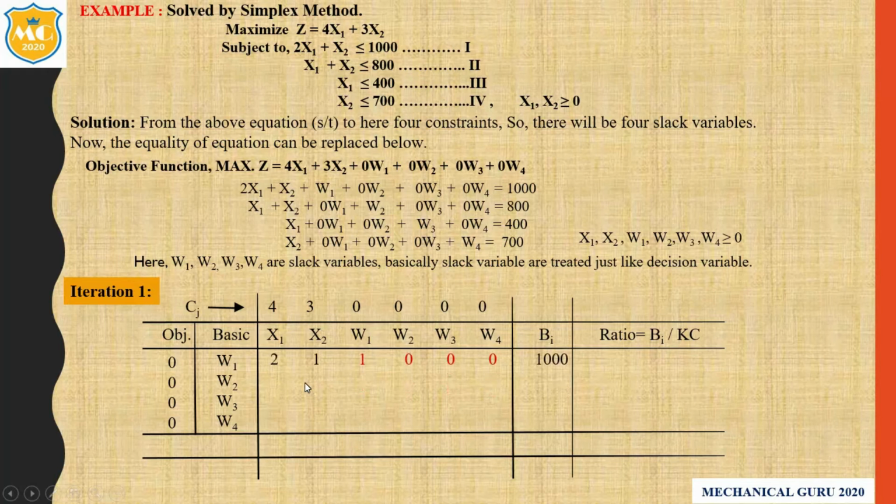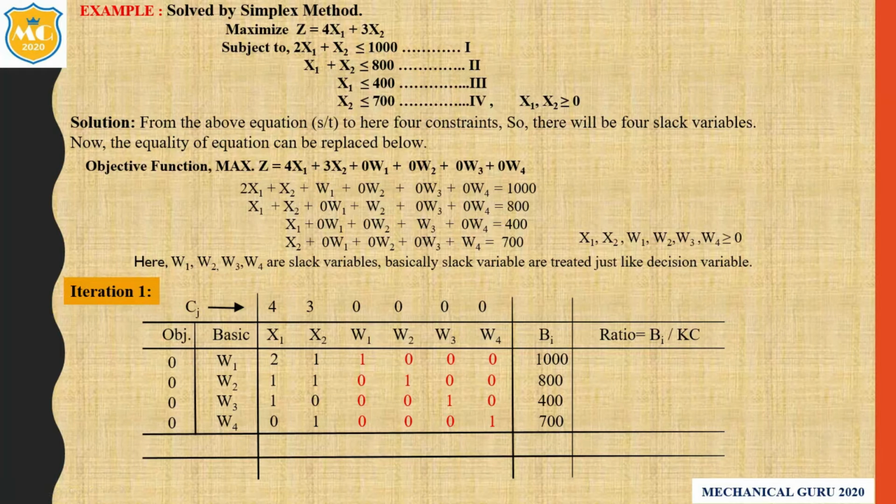Similarly second equation: 1, 1, 0, 1, 0, 0, 800. Third equation: 1, 0, 0, 0, 1, 0, 400. And the last equation: 0, 1, 0, 0, 0, 1 and 700.